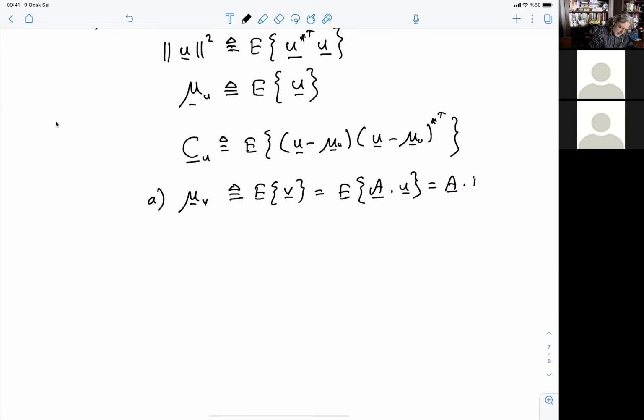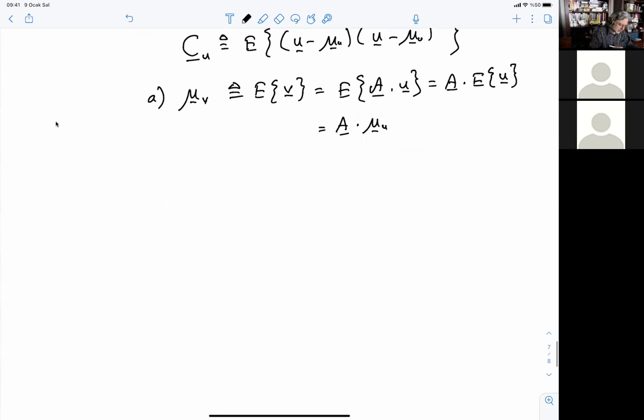A times expected value of U is here, which is equal to A times mu U. So mu V is equal to A times mu U, which means the mean vector is also transformed with the same transform matrix. A is the transformation matrix, so its mean is transformed immediately. This is the first observation under item number 2.